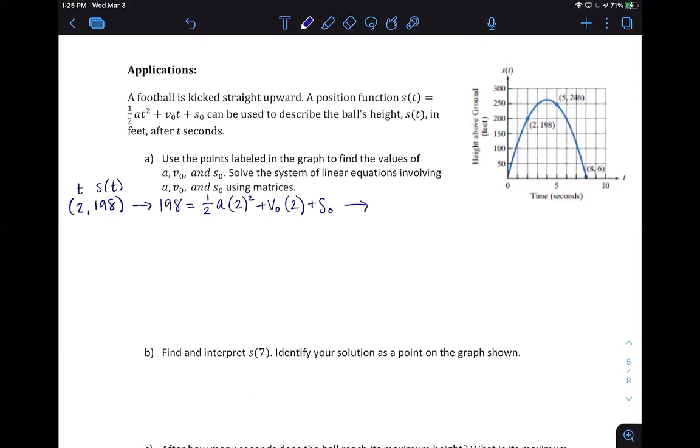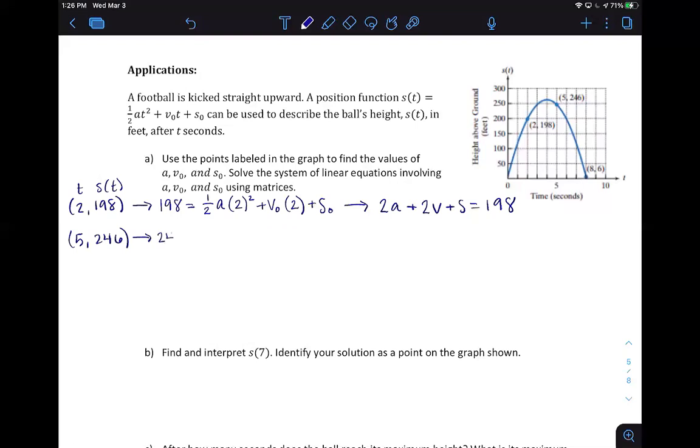So what is 2 squared? And what's half of 4? So we can rewrite this as 2a plus 2v, I'm going to drop those zeros, plus s equals 198. There's our first equation. So now we're going to take the second ordered pair, 5, 246.